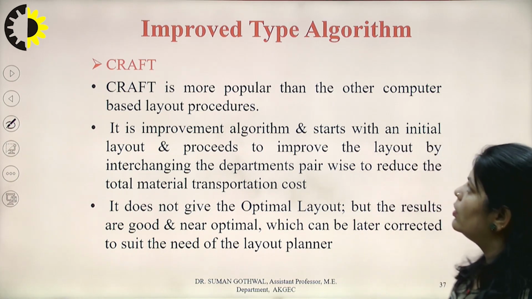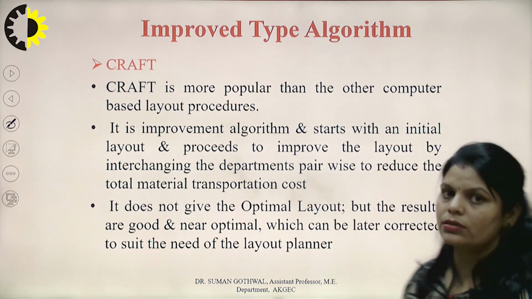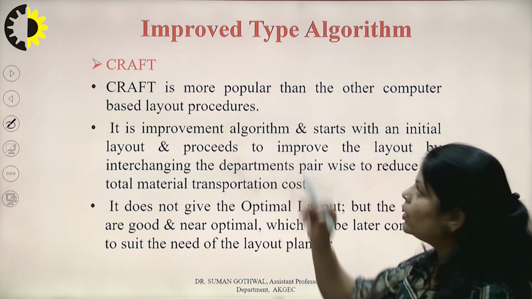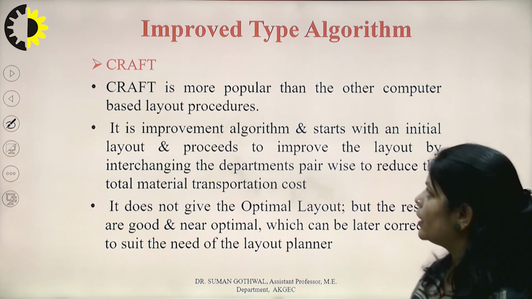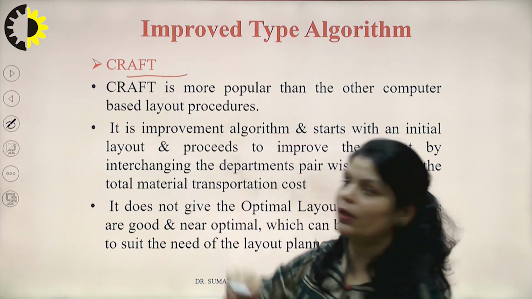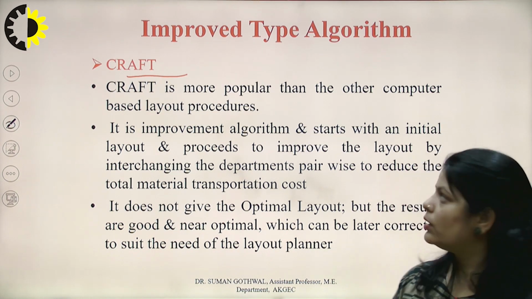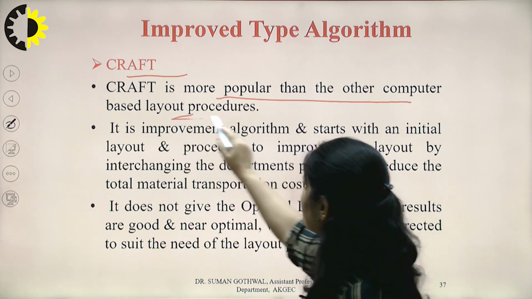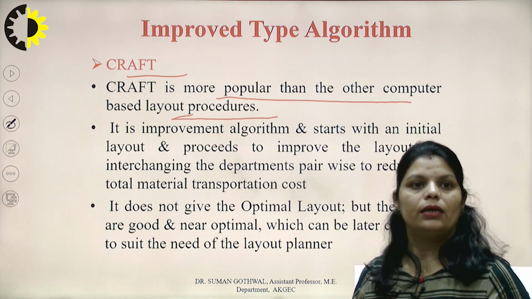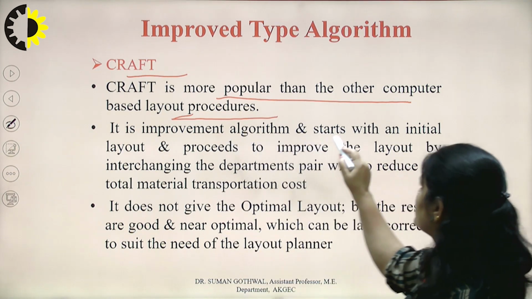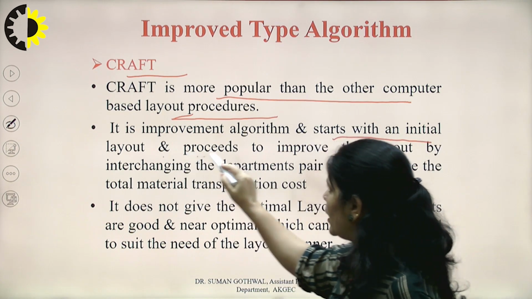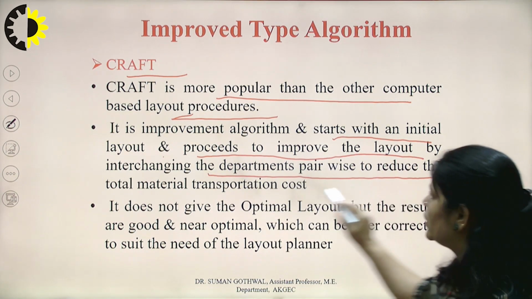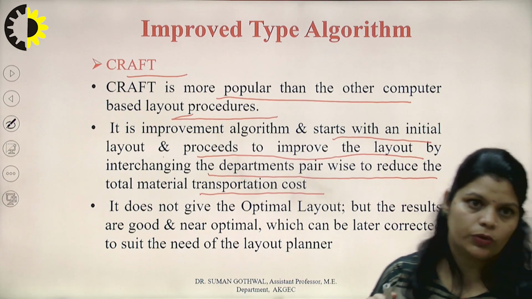Okay, so till now we discussed the constructive type of algorithm, but now we come to the improved type algorithm, and the technique that comes under the improved type algorithm is the craft. Clear? And it is more popular than the other computer based layout procedures, and it is an improvement algorithm, and it starts with an initial layout and proceeds to improve the layout by interchanging the departments pairwise to reduce the total material transportation cost.